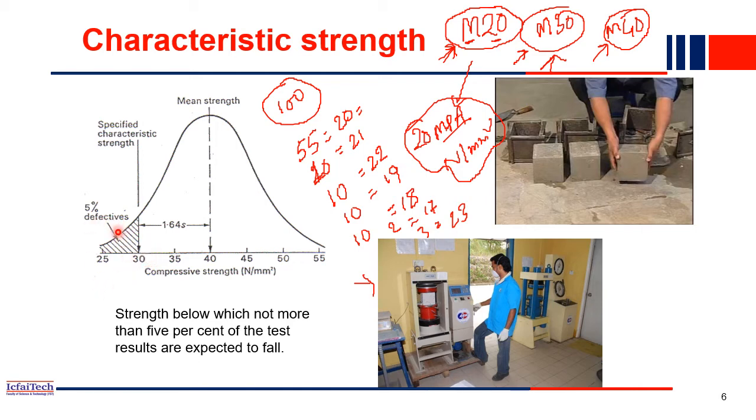Only 5% probability is there that the structure strength is less than 30, whereas 95% chances are there that it is more than 30. So our structure will be safe 95% of the time. So this 30 is actually called the characteristic strength of concrete. It is a very important property, and I think you have to understand in detail what the characteristic strength of concrete is.